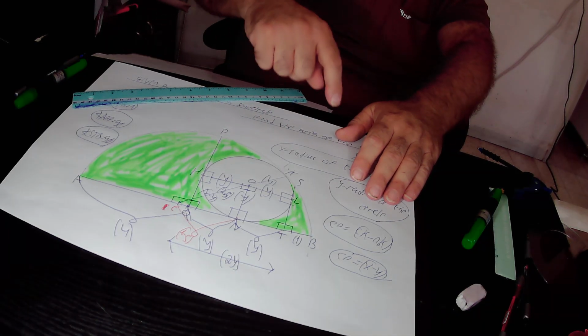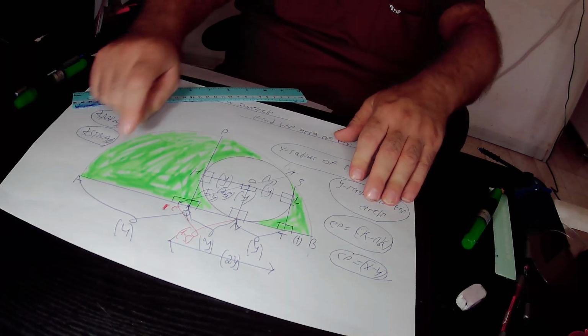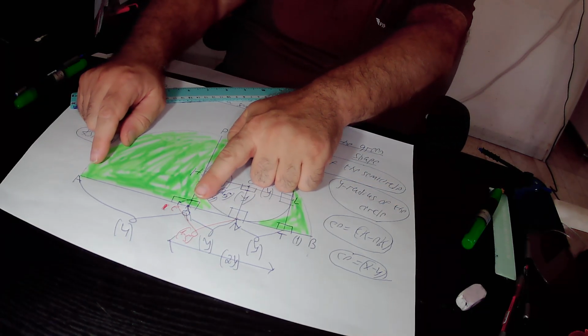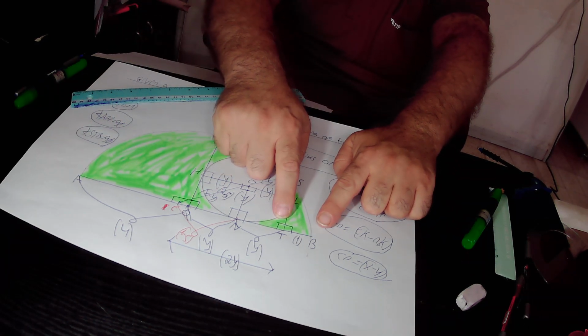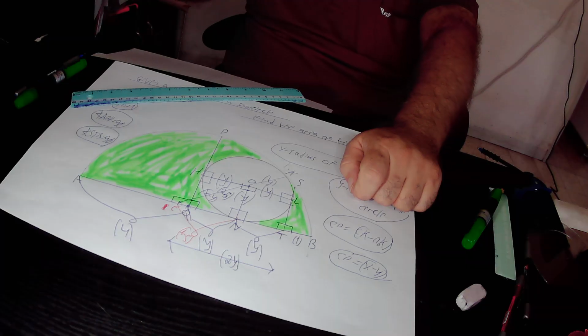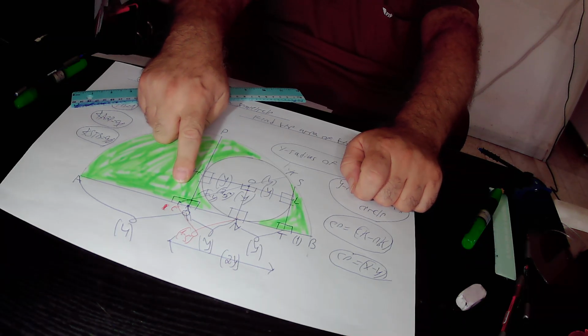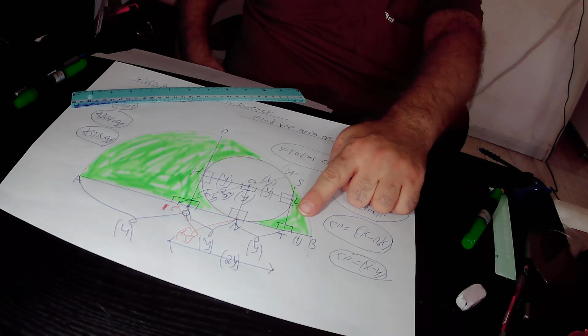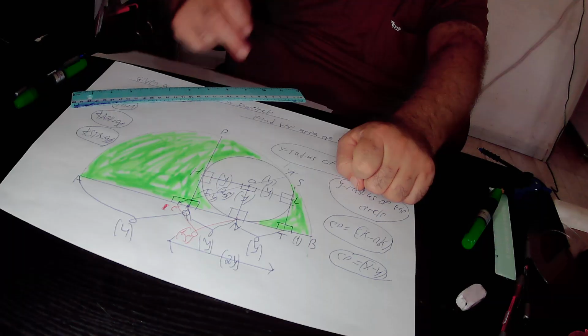In the drawing we have a circle inside this big semicircle. This is line segment AQ that equals 4 units in length. This is line segment TB that equals 1 unit in length. This is angle PQA, a right angle. This is angle STB, also a right angle. Again, our task is to find the area of this green shape.